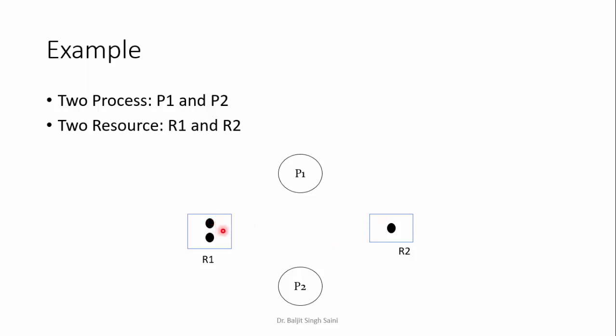So R1 has two instances and R2 has only a single instance. Now a request edge is from the process towards the resource. Similarly, an assignment edge is from the resource towards the process. So this instance is allocated to the process P1. P2 is requesting the resource R2.